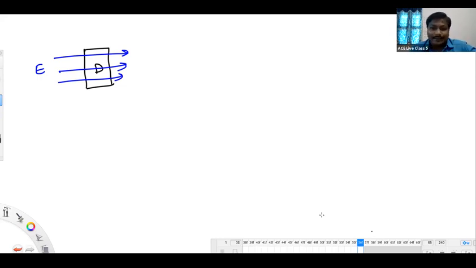Okay, next. Listen, please. Whenever this electric field direction is reversed, obviously the polarization direction will be reversed, or you can say the dipole alignment direction is going to be reversed.